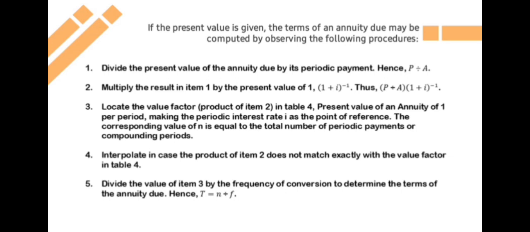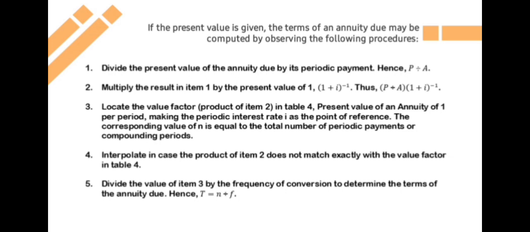In locating this in table 4, we are making the periodic interest rate as the point of reference. Meaning, we base on the interest rate here. We will see that later. Next procedure is interpolation. Interpolate in case the product of item 2 does not match exactly with the value factor in table 4.